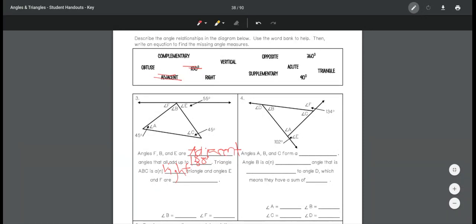Triangles and angle E and F are. So what are angles E and F? Angles E and F are acute or complementary. And that means they are both acute.